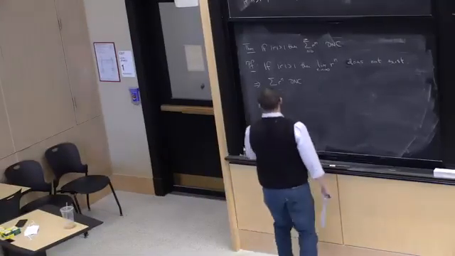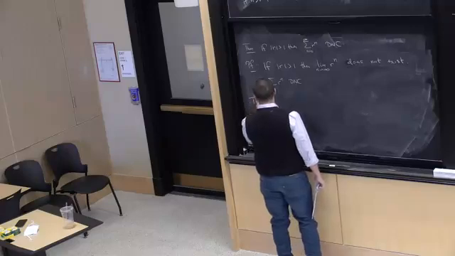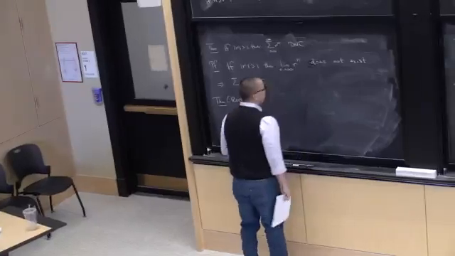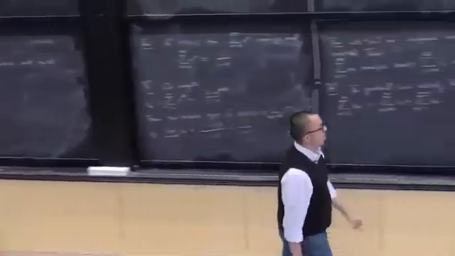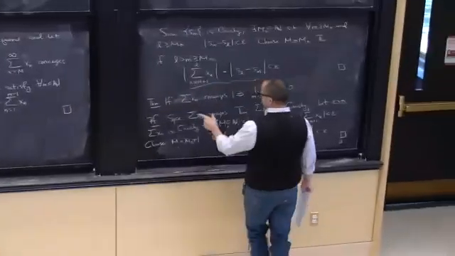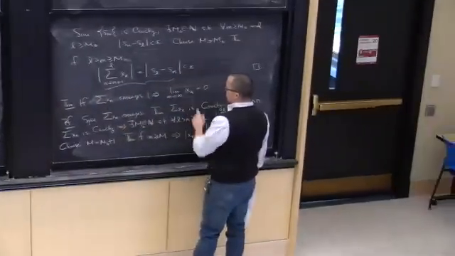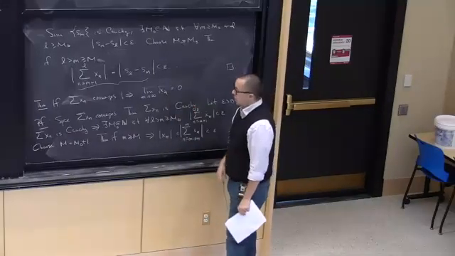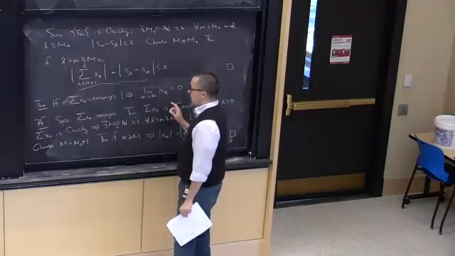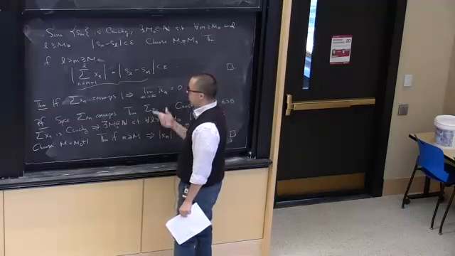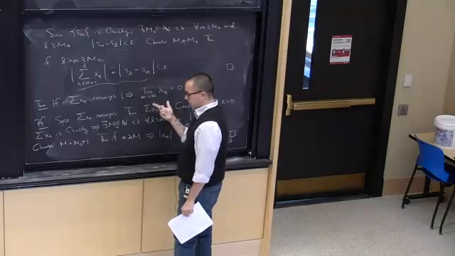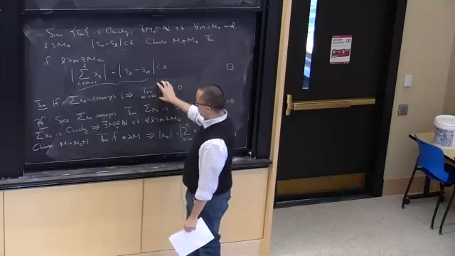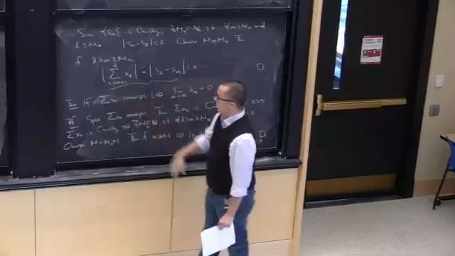Let me restate this theorem over here. This theorem says if the series converges, then this limit equals 0. Now, this statement is logically equivalent to the negation of the converse, or the, there's an actual word for that, but I can't remember. Namely, that the negation of this implies the negation of this.